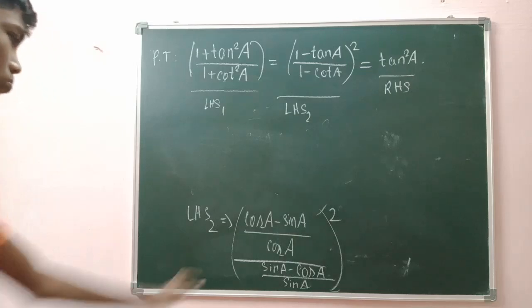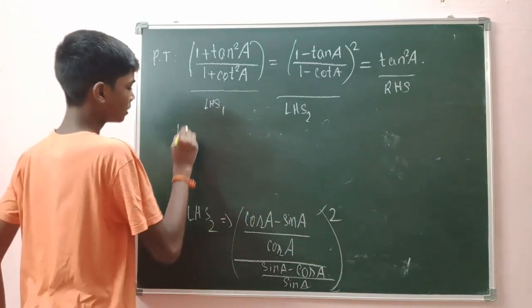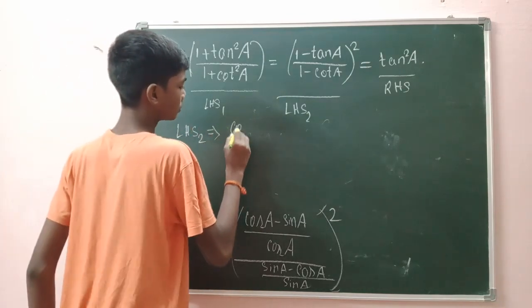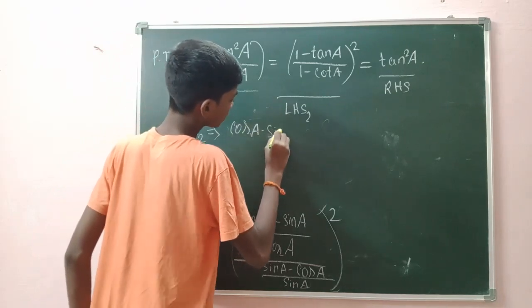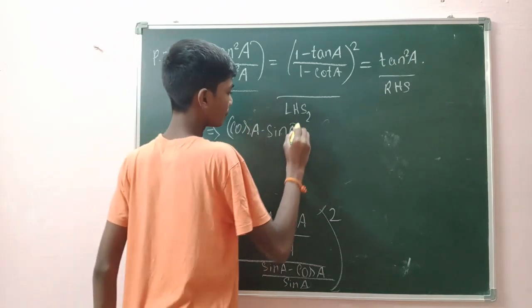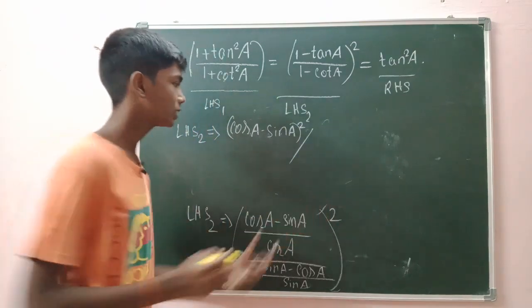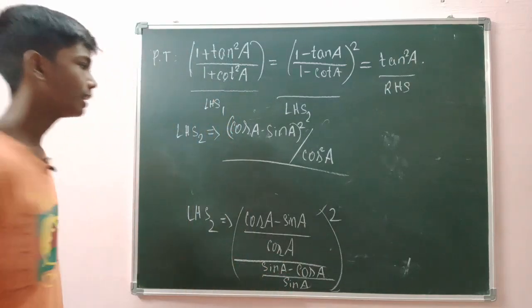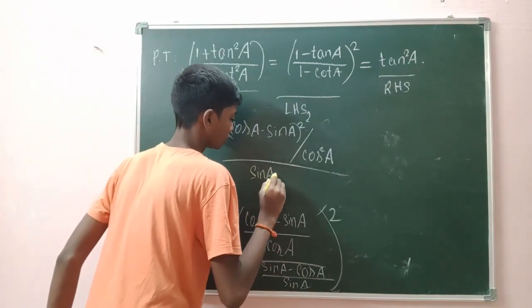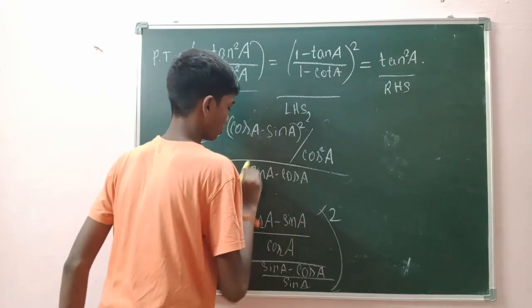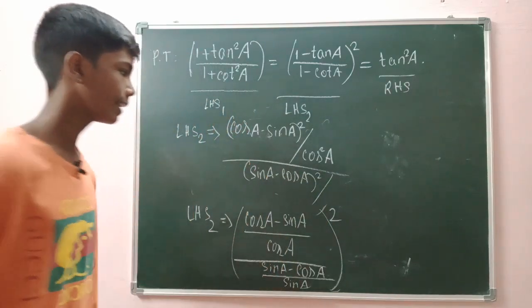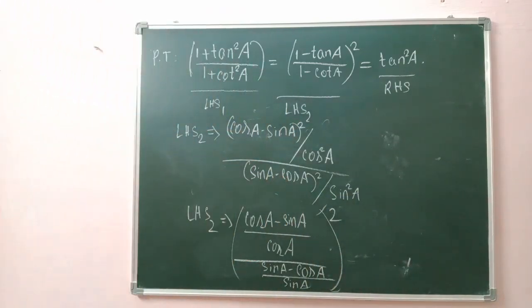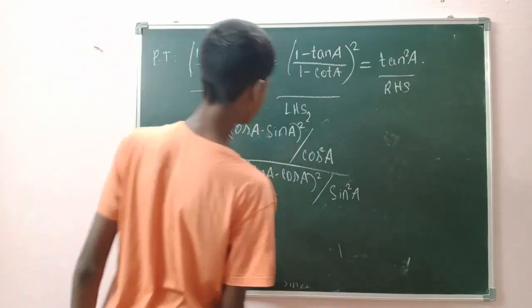The whole square I am having, so I can write this as numerator square by denominator square. Correct or not? So this I can write as cos A minus sin A the whole square divided by cos A squared, that is cos square A, and this expression I can write as sin A minus cos A the whole square by sin A squared, that is sin square A. This is what I will be getting now. Very simple task.